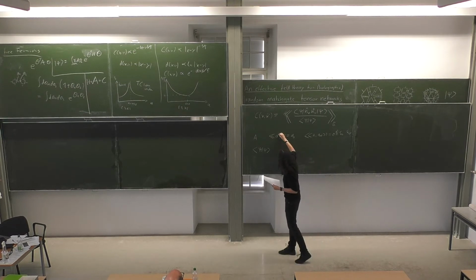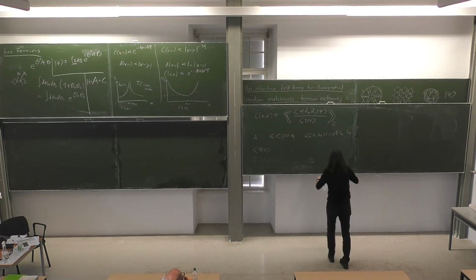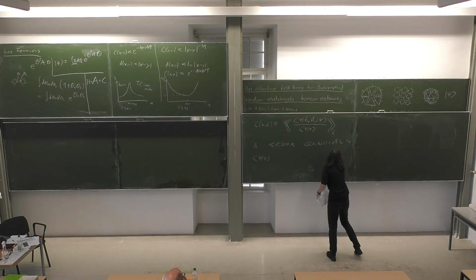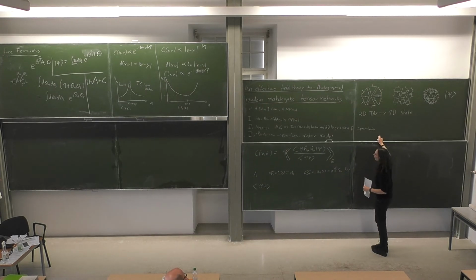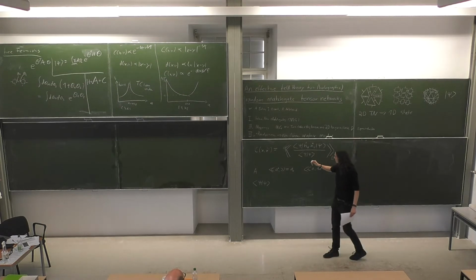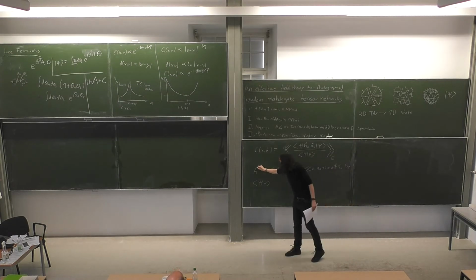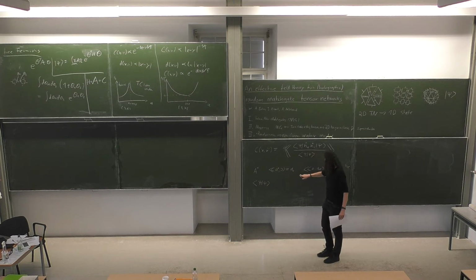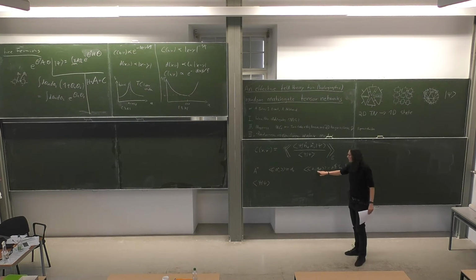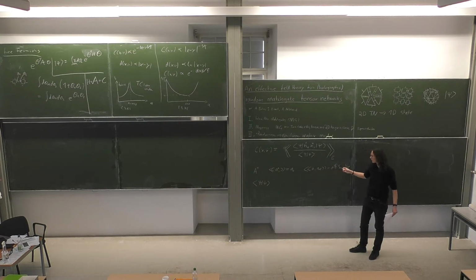Okay, so to make this clear: at each site x there's a tensor A, which has elements a_ij, and they have a fixed mean that is the same for all of them, but then they are scattered around this mean with a certain distribution.